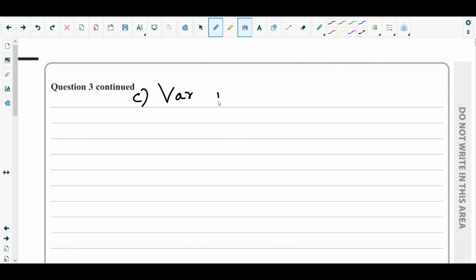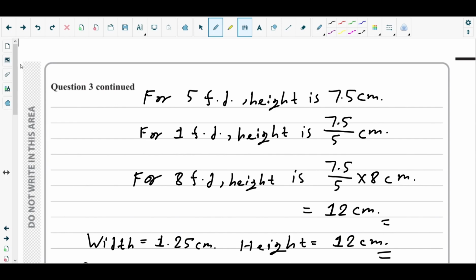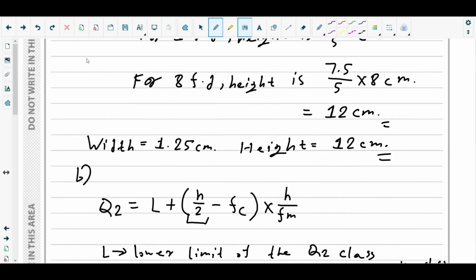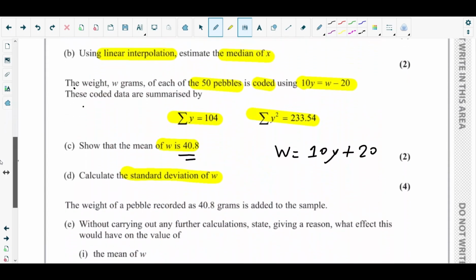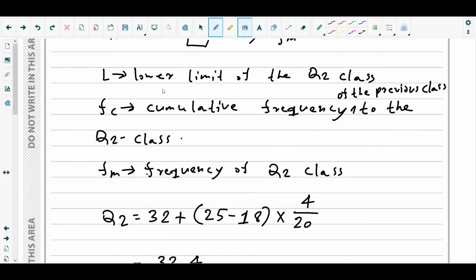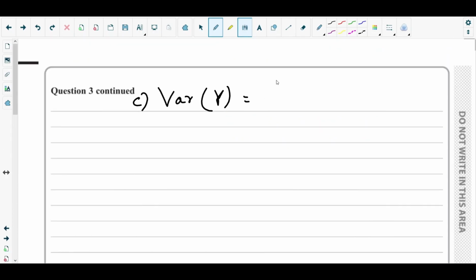So let's find out the variance of y. This will be sum of y squared over n minus the mean squared, since it's the y variable. Sum of y squared is 233.54, over 50, minus the mean squared.